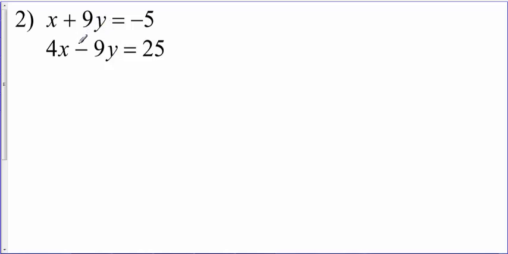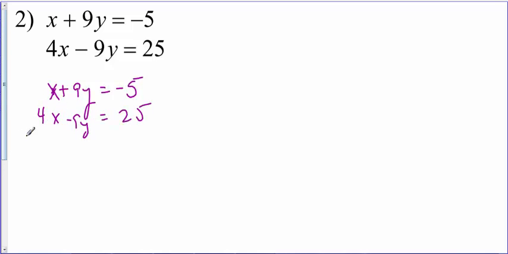What we first are looking at is whether we have coefficients that are the same but different signs. And we do right here. So we're going to write it back out: 4x minus 9y equals 25.